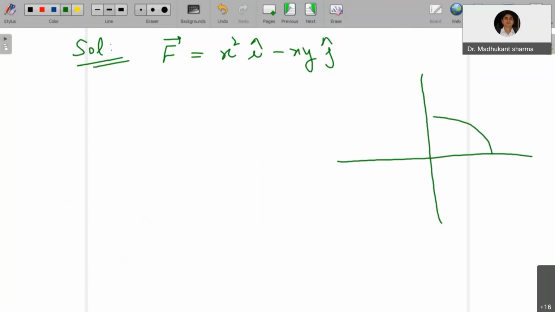I already mentioned that when orientation is not given, it is understood to be positively oriented, meaning in an anti-clockwise direction.